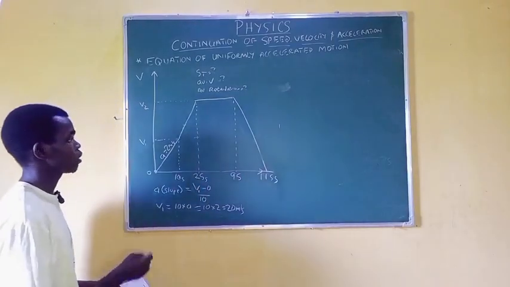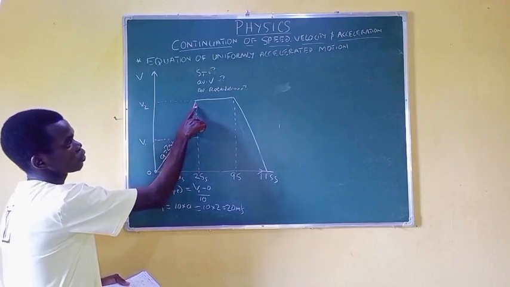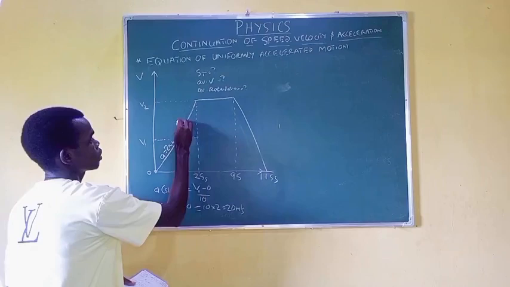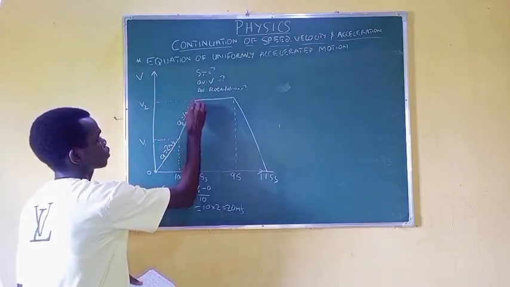For us to find our v2, we make use of this second uniform acceleration. Let's say here is a2, which is equal to 1 meter per second squared.